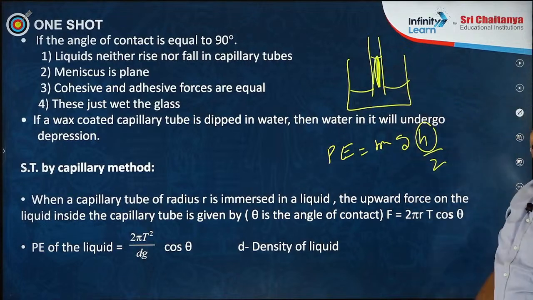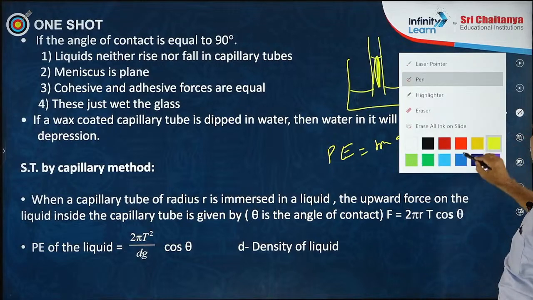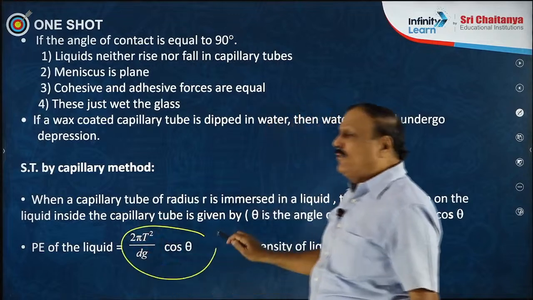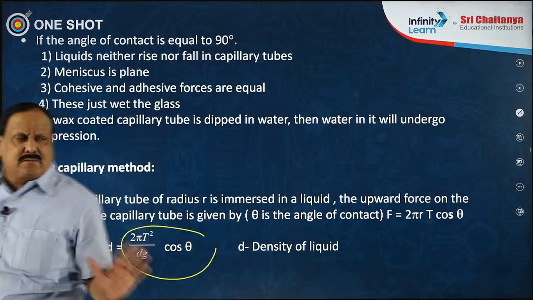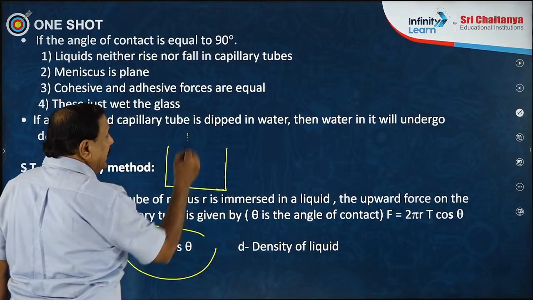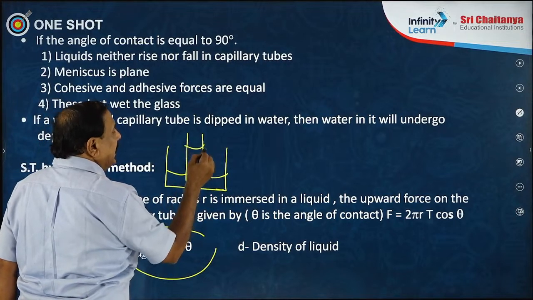You have to take only up to the center of mass. Again I repeat this point because this is a very important point. The potential energy of the liquid inside the capillary tube can be calculated like this. Suppose there is a beaker containing a liquid, and the liquid is rising to a height h.